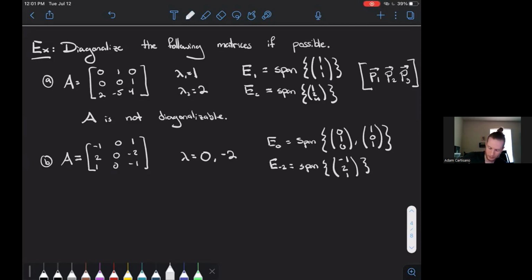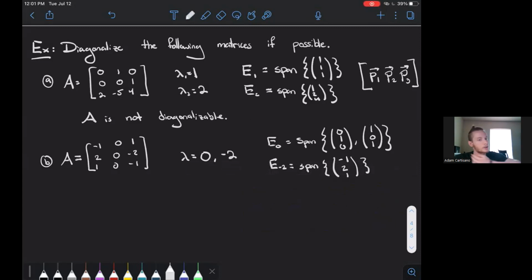And so if you just do A times negative 1, 2, 1, if you just do this matrix multiplication, you're going to get 2, negative 4, negative 2. And sure enough, that's negative 2 times negative 1, 2, 1. So we just double check to make sure this is the right thing.